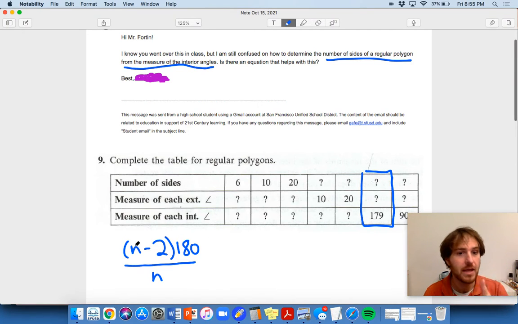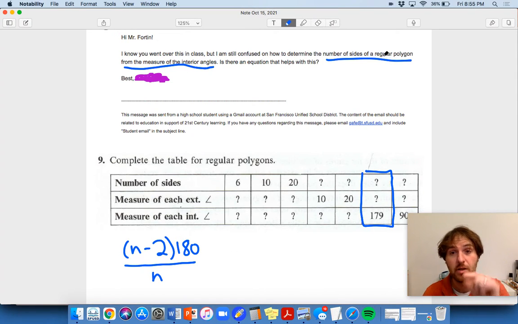Because if all the angles in total measure the number of sides minus two, of course, because two fewer triangles get formed by drawing those diagonals in, times 180, that's what all the angles share. And then we have to split that up n ways because we have n different sides, which we don't know how many there are, but each of those angles would have the equal measure, because it's regular.